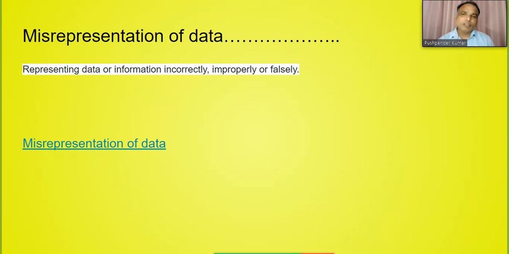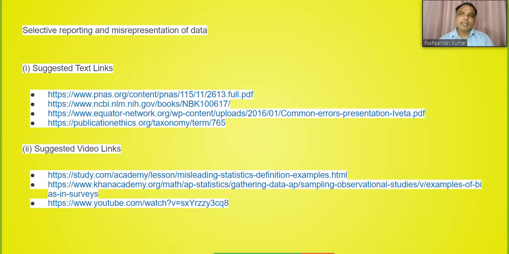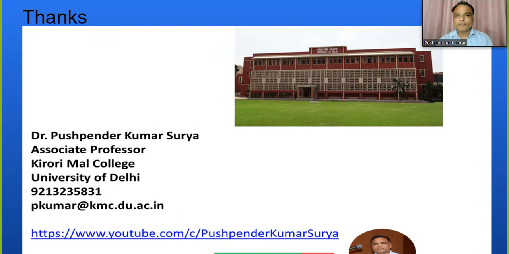So next time when you conduct research, make sure that for whatever data you collect, you understand the lurking variable which may affect your study. If you consider that, it will give you the right picture, and that would not be a misrepresentation of data. For more information, you can see these links and this text also, right?